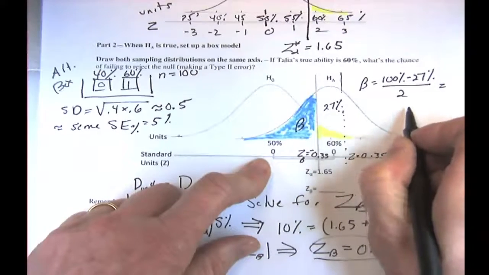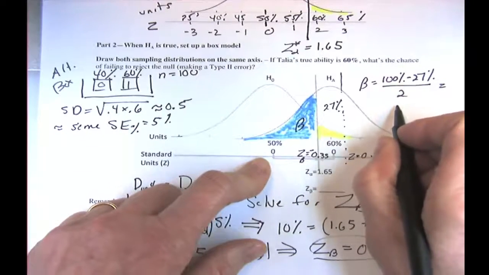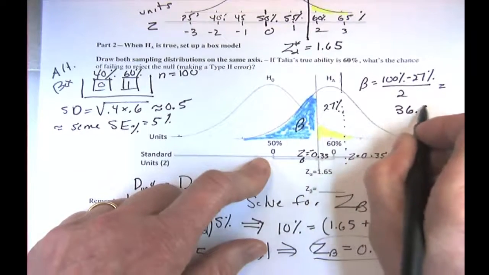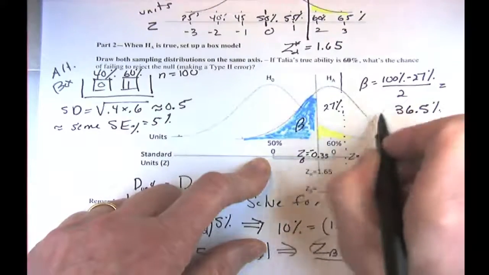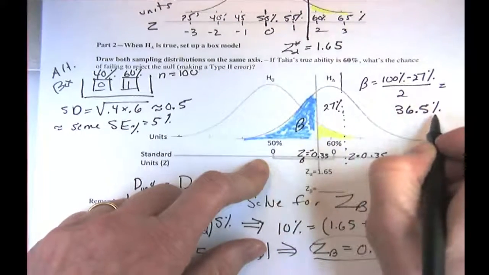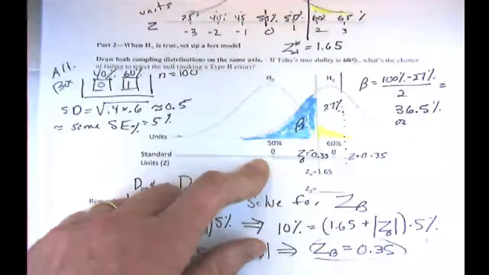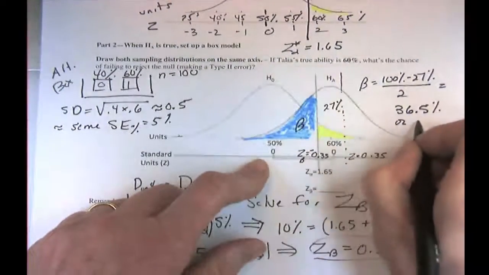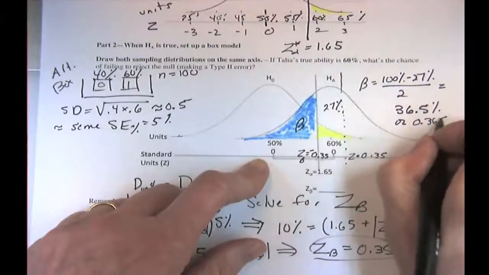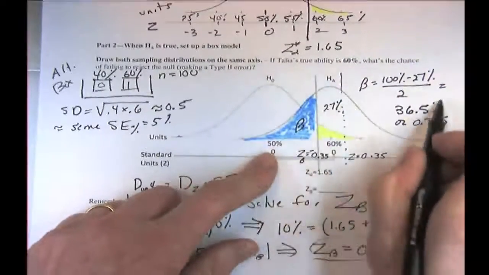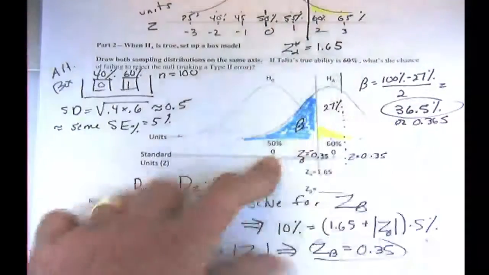That's 73% over 2, which is 36.5%. It's often written as a decimal, but that would be the same thing. So that's beta right there, and that looks about right.